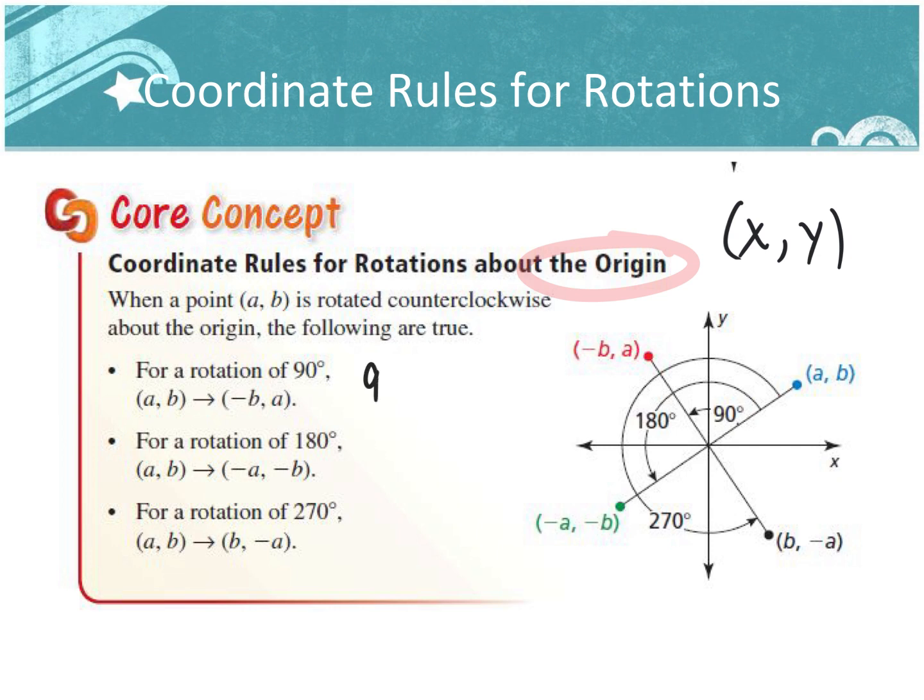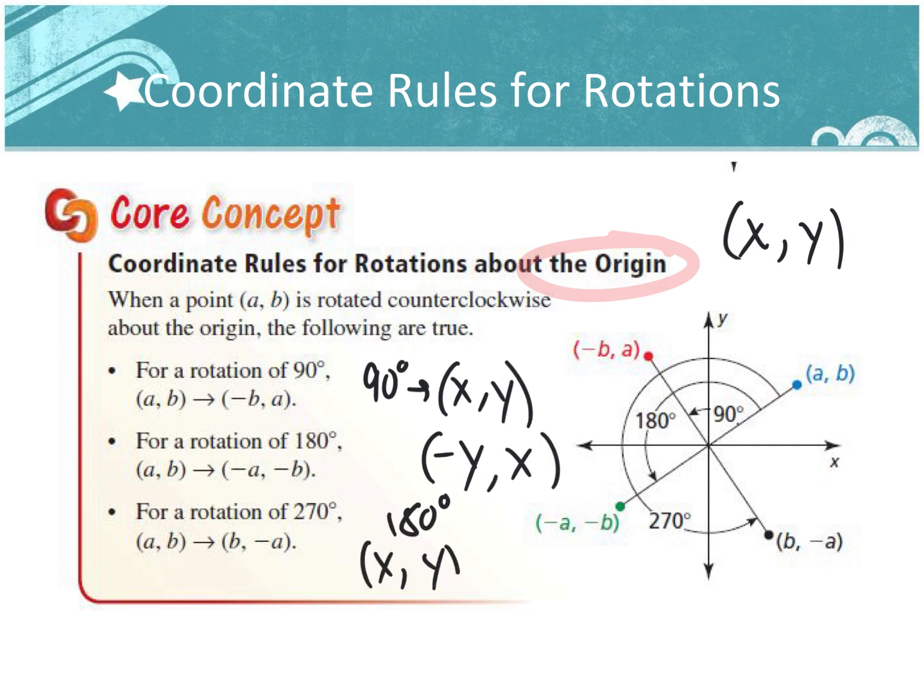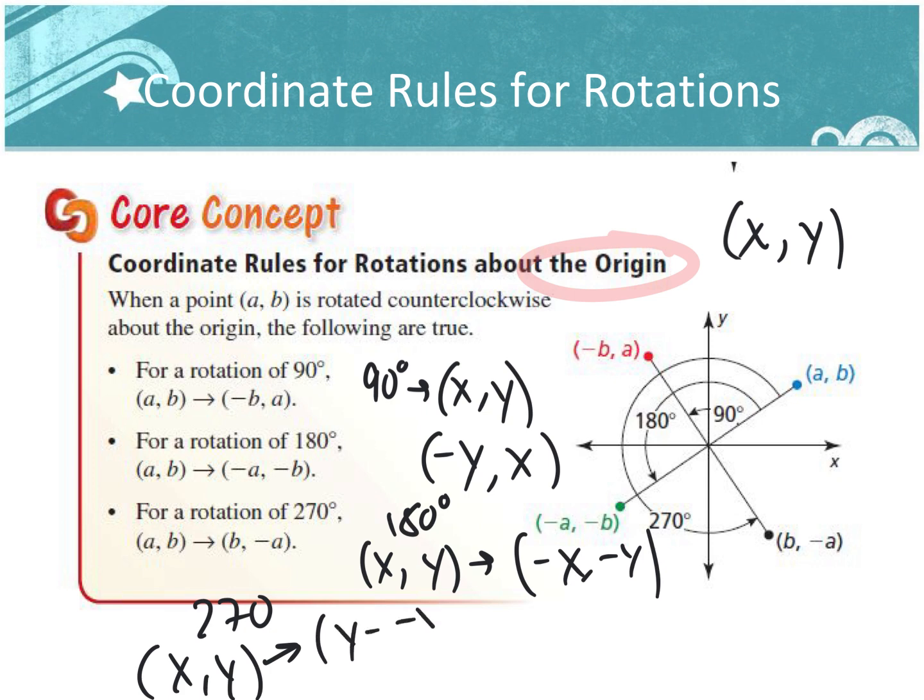For a 90 degree rotation, (x, y) becomes (negative y, x). For 180 degrees, (x, y) becomes (negative x, negative y). And for 270 degrees, (x, y) becomes (y, negative x).